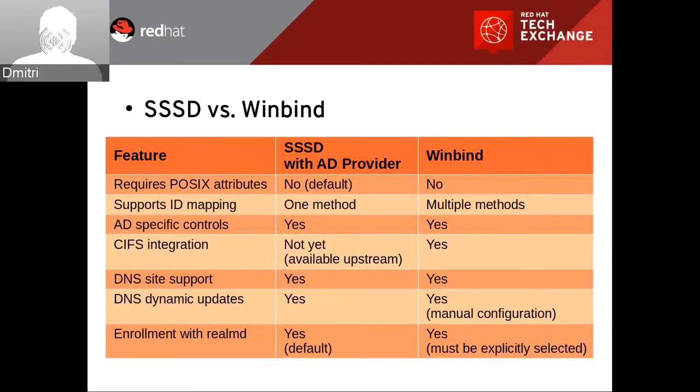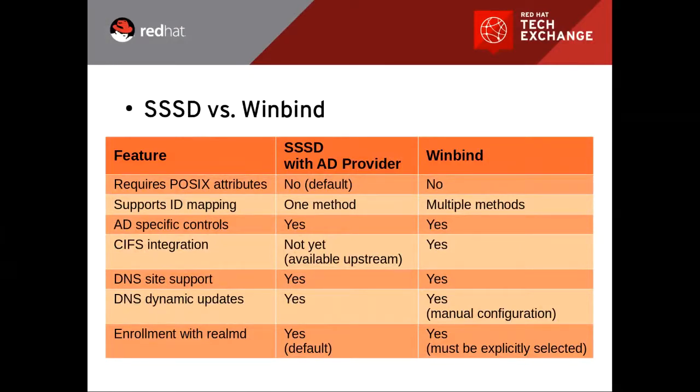Active Directory specific controls: over time, Active Directory grew special controls to retrieve groups and group membership faster and more easily, compared to the standard LDAP group membership. Winbind and SSSD both understand those extended controls.